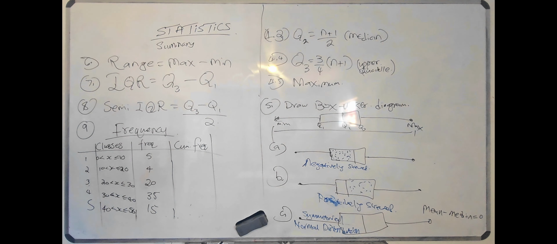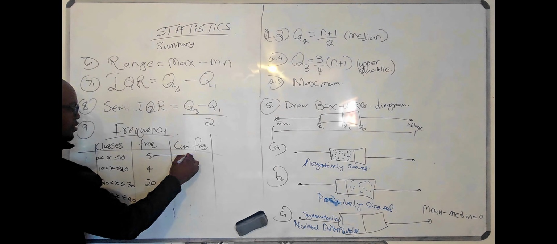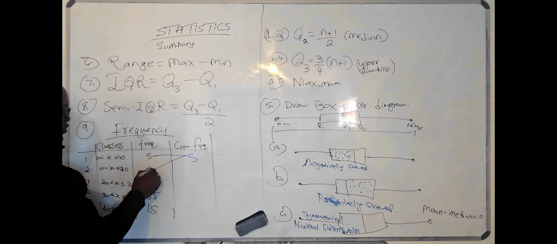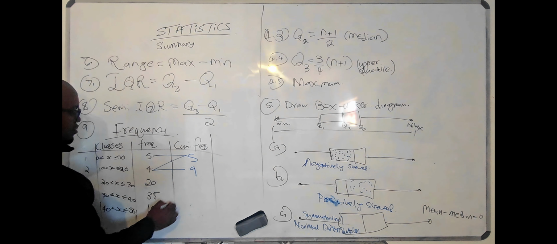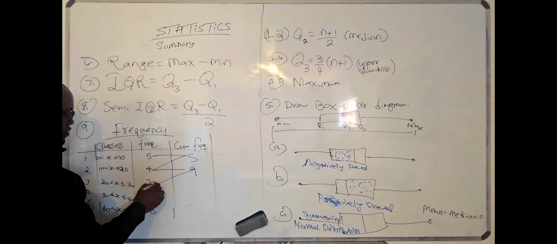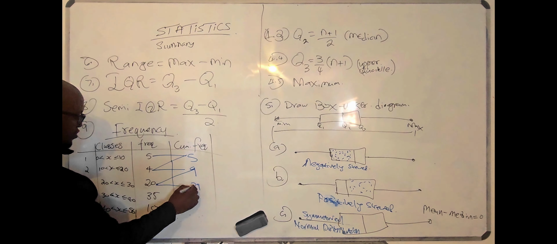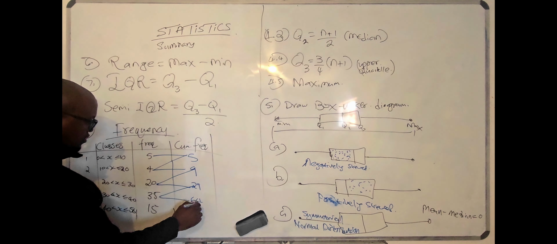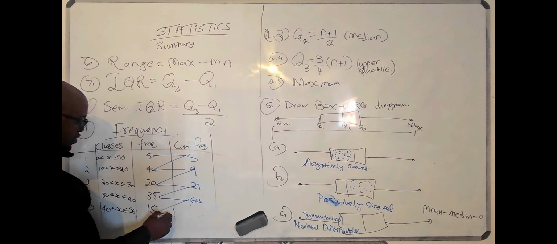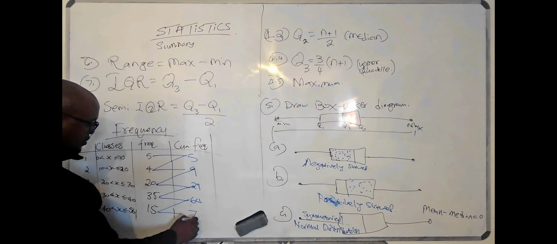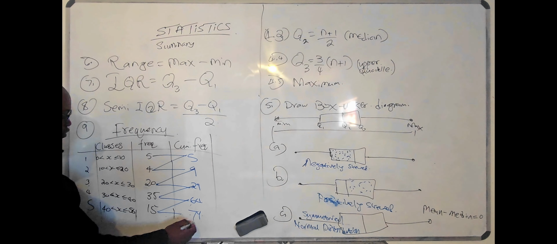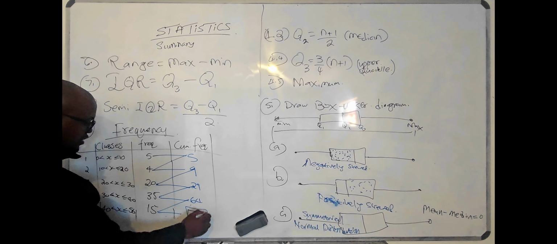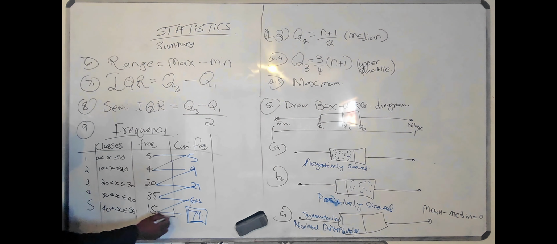The first one is 5, then you add 5 to 4 to get 9. Then you add 9 to 20 to get 29. Then you add 29 to 35 to get 64. Then you add 64 to 15 to get 79.